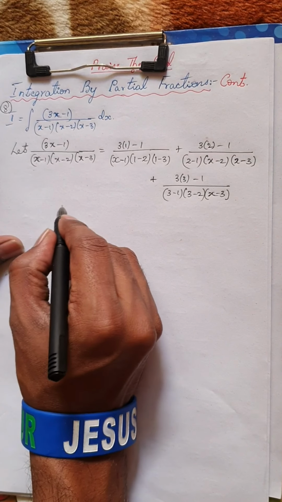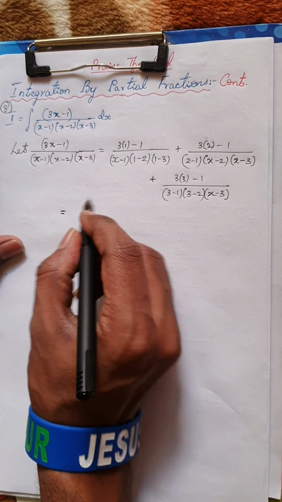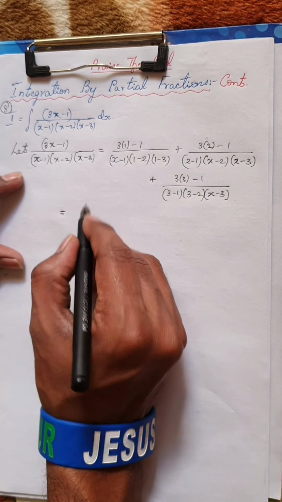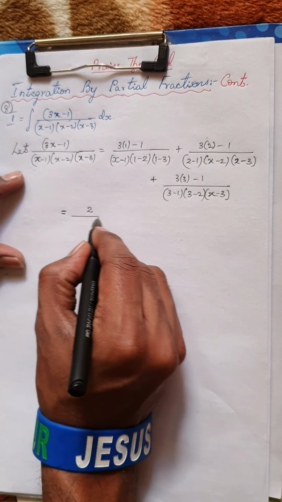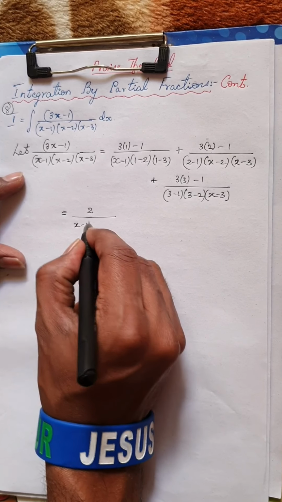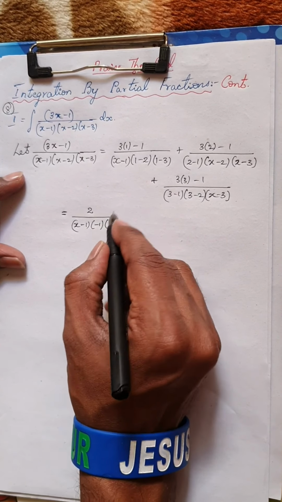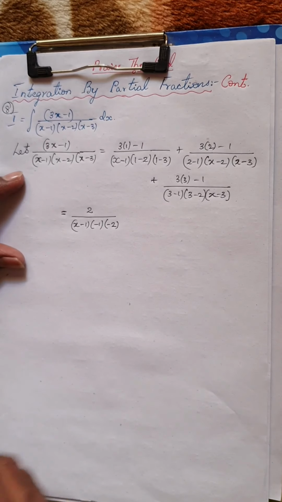So now this is 3 into 1 is 3, 3 minus 1 is 2, divided by x minus 1 into, remember, 1 minus 2 is minus 1 and 1 minus 3 is minus 2.